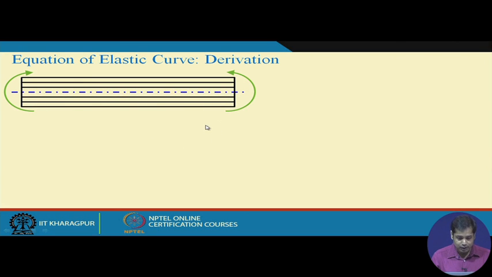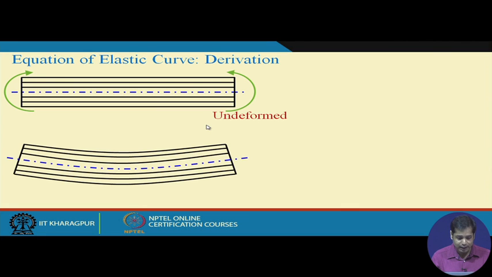Now, if it undergoes deformation, this is the undeformed configuration and this is the deformed configuration. Now, you know this, but still, just to look at it in a proper perspective and to appreciate the theory in a better way, we are again discussing all these things. For the sign convention that we follow, sagging moment is positive and hogging is negative.